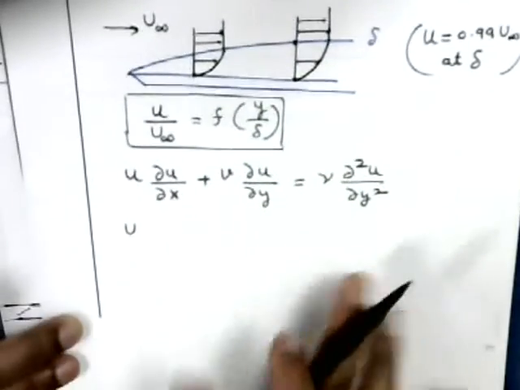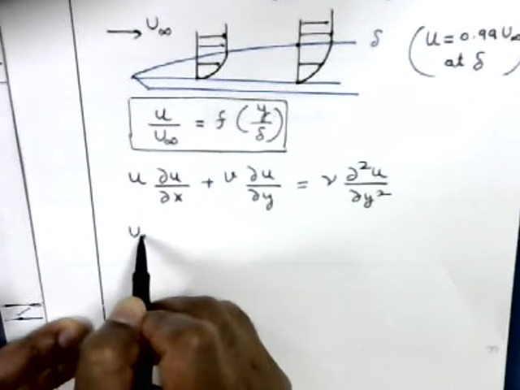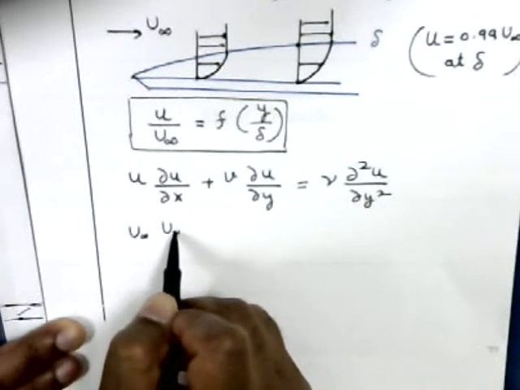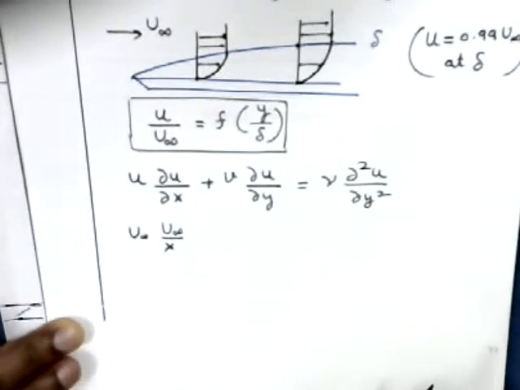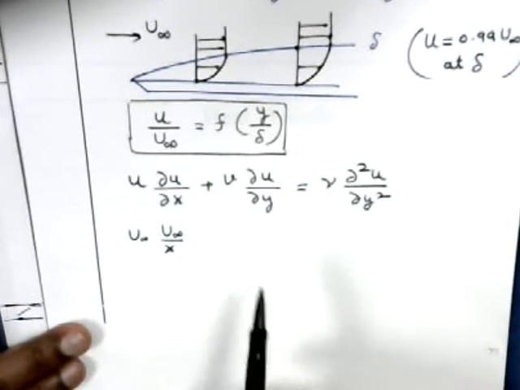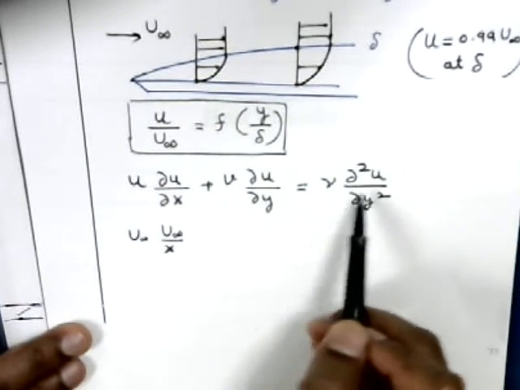So you can argue that del u/del x is of the order of u infinity over x. So this term is of this order. I'm not writing for this term. Let us look at this one.